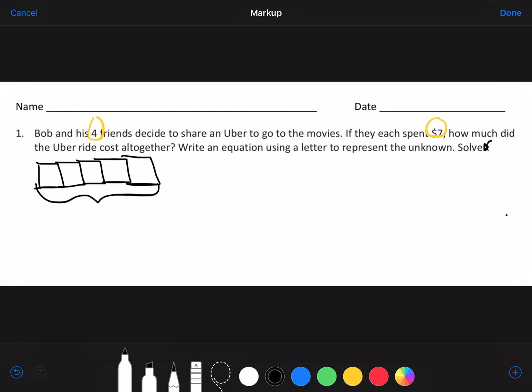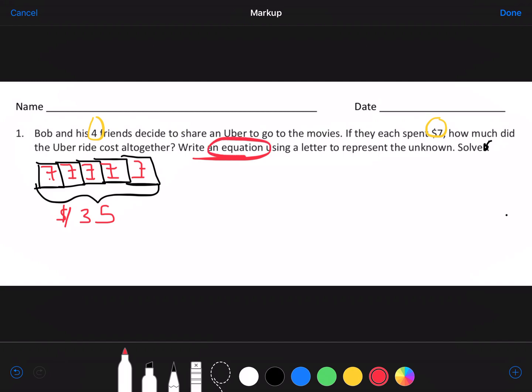So that means we've really got 5 people in the Uber. And then if they're each sharing the cost at $7 each, then we can go 5 times 7 equals 35, right? Or you can skip count 7, 14, 21, 28, 35.